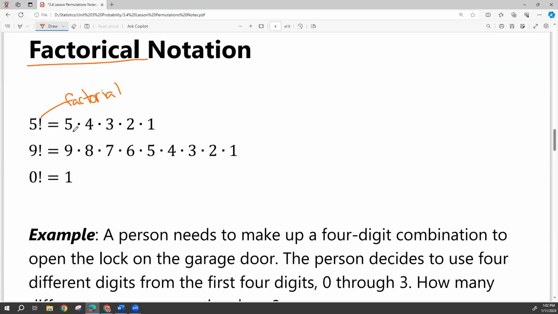So 5 factorial is 5 times 4 times 3 times 2 times 1. 100 factorial will be 100 times 99 times 98 times 97, so on and so forth. So this is just a way to write this big multiplication in a simpler form. And we'll note that 0 factorial is equal to 1.